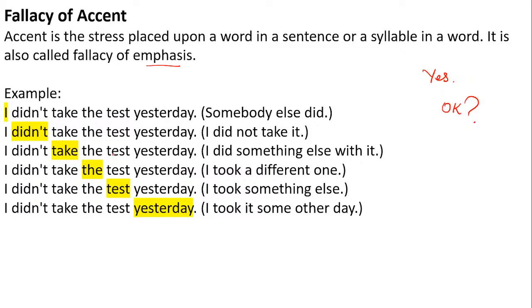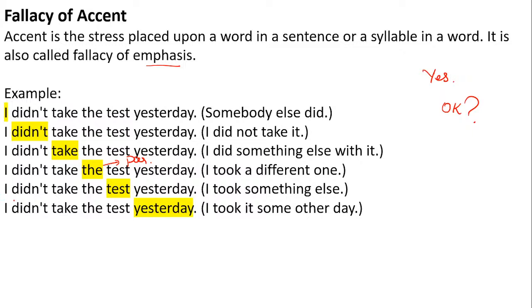Third example: "I didn't take the test yesterday." So I did something else with the test. The fourth example: "I didn't take the test yesterday." So I'm talking about the particular test. The means particular. Maybe I took some other test yesterday.